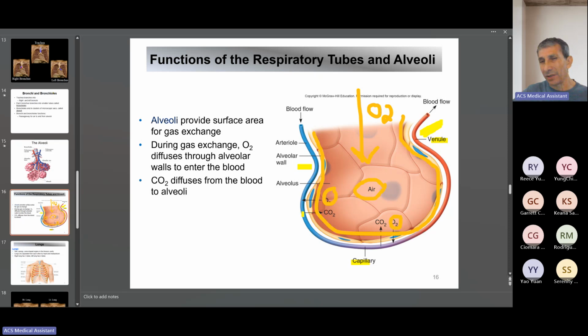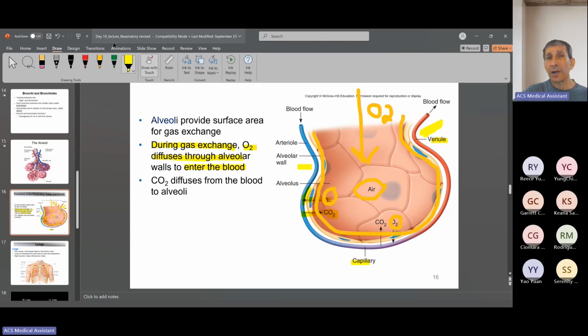So see, from the venules, carbon dioxide moves inside the membrane through the alveoli. Oxygen moves out to the blood vessel through the process of diffusion. See, it diffuses during gas exchange. Oxygen diffuses through the alveolar walls of membrane and enters the bloodstream. So that's how it works.